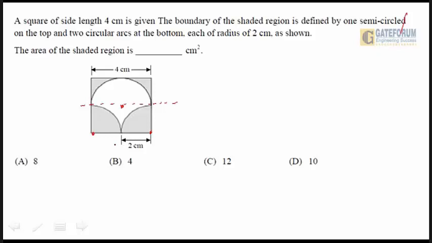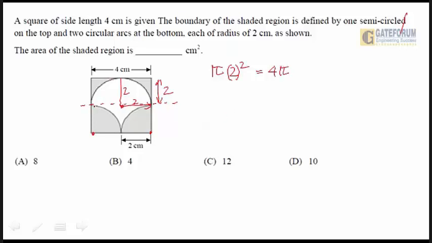Okay, this is simple. See, first of all, this is a square. So when you have taken the top half, this means this is 2. So this must be 2. And of course, since I have drawn a semicircle, this is the radius, this also is 2. So what is the area of the semicircle? Pi into 2 square, that is 4 pi.